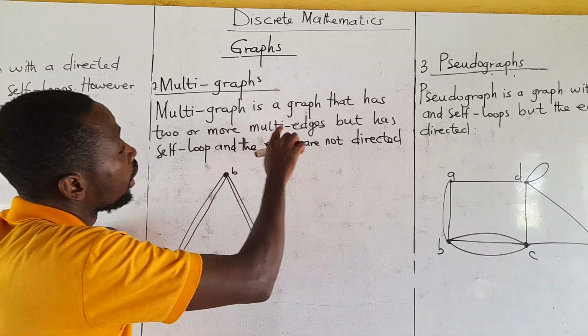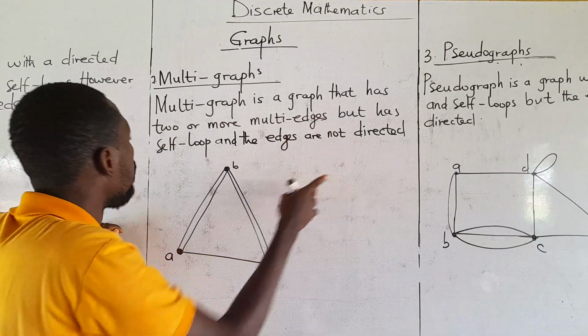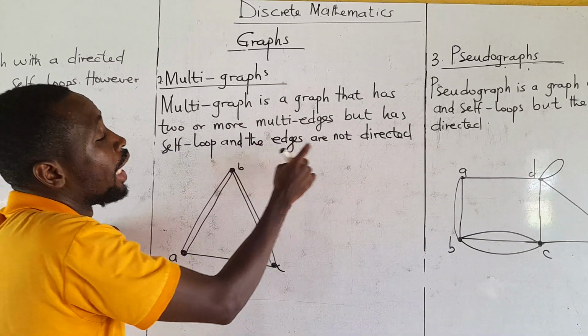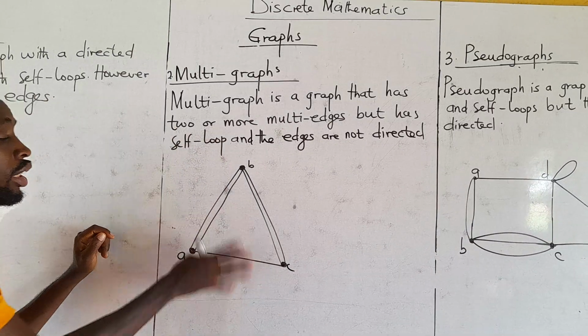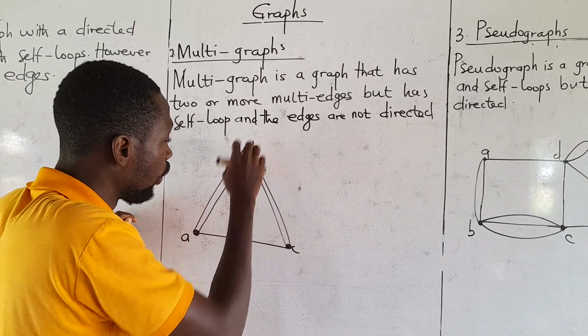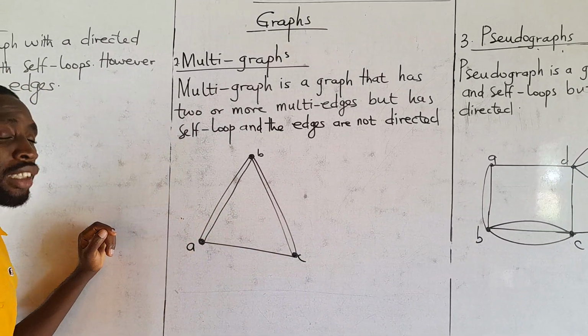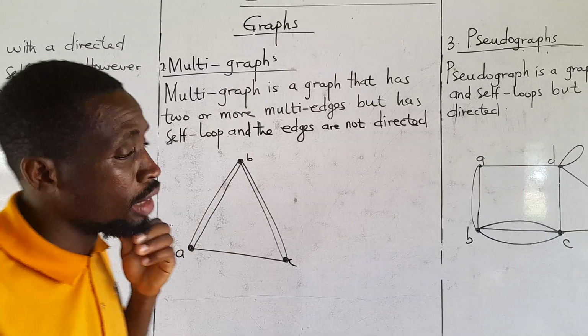So we say that a multi-graph is a graph that has two or more multi-edges, but has no self-loop and the edges are not directed. So you can see this graph is having multiple edges. It doesn't have a self-loop and the edges are not directed. When you meet such type of graph, we call it multi-graph.